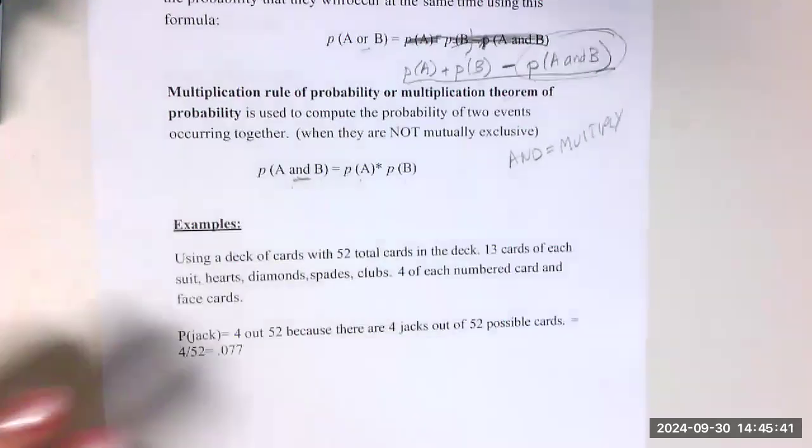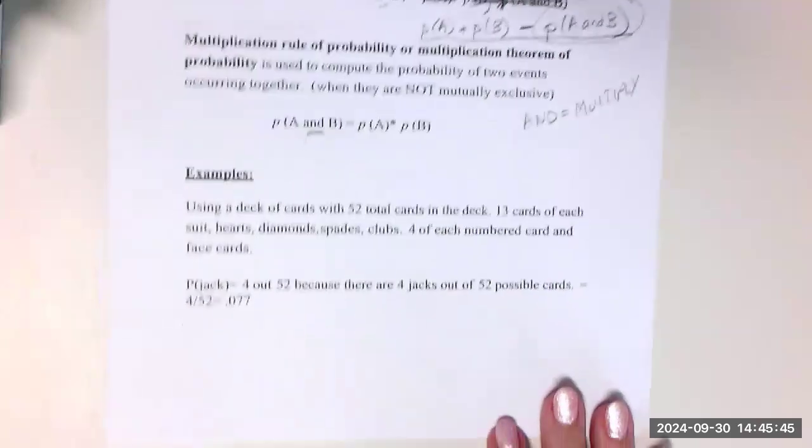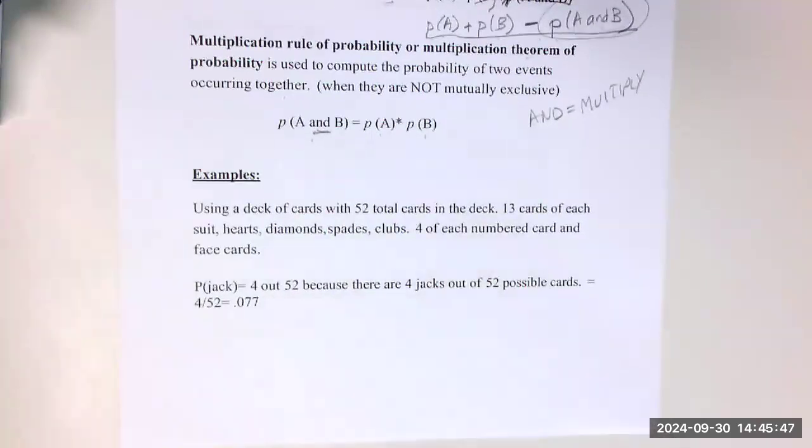All right, so hopefully everyone watching this understands how a deck of cards is set up. There's 52 cards in a deck, right? 13 of them are hearts, 13 of them are diamonds, 13 of them are spades, and 13 of them are clubs. So there's those 4 suits.